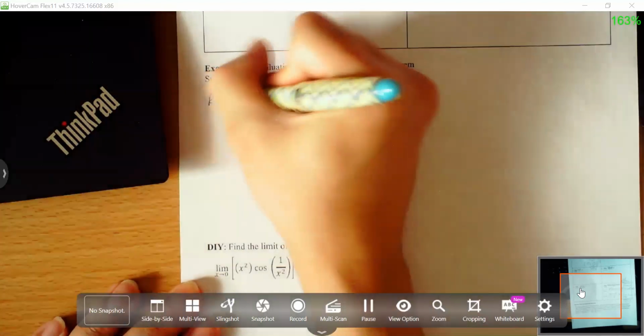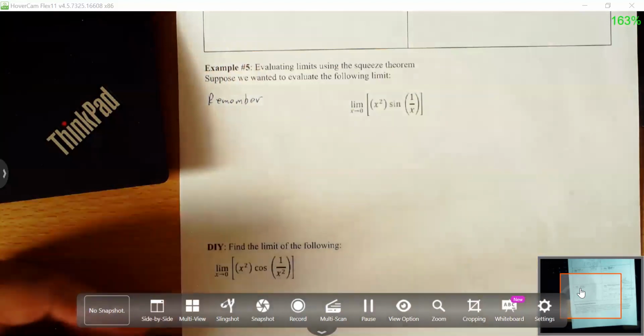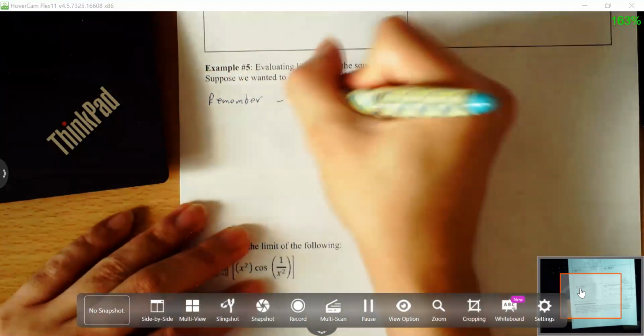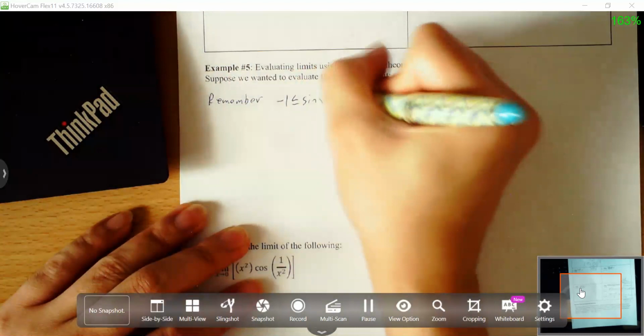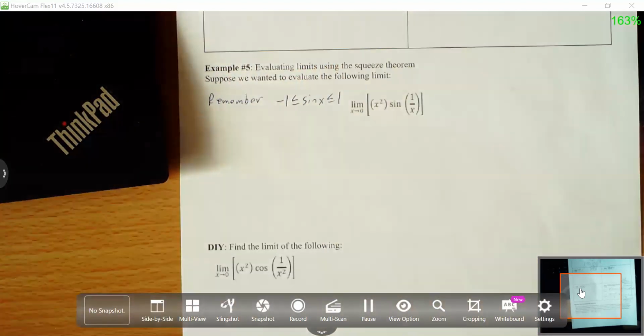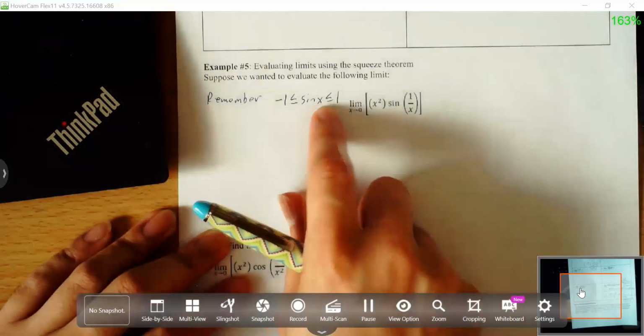Well, let's remember that sine, the highest sine value you can have is 1. The lowest sine value you can have is -1. Remember, the unit circle goes from at the bottom, sine is -1. At the top, it's 1. So I know this is true, right? So it doesn't matter what x is.